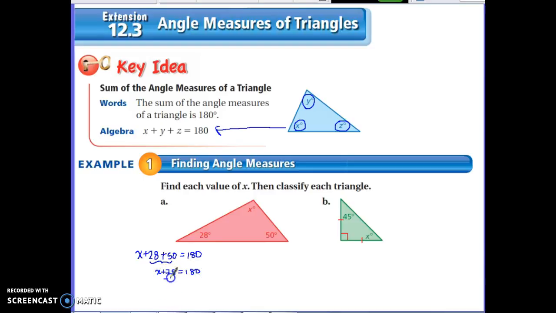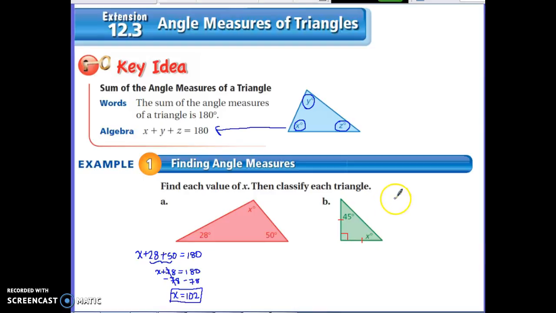And then, of course, subtracting 78 from both sides, I will get x is equal to 102. And like we talked about before, we don't need to put the degrees symbol on there because if we go plug x back in, the degrees symbol will already follow.